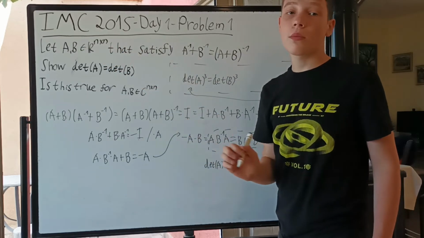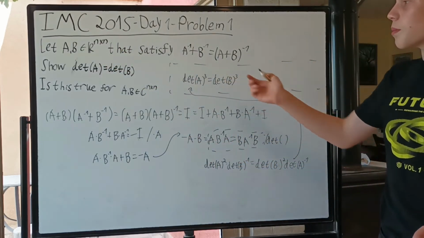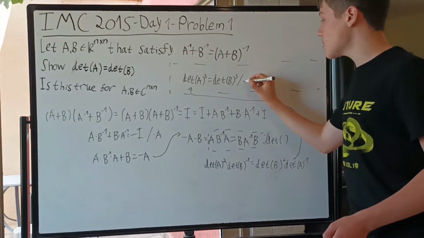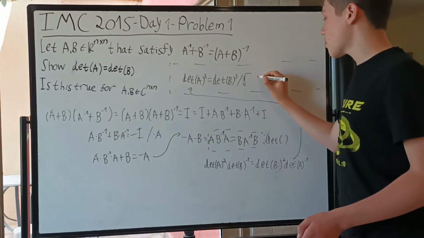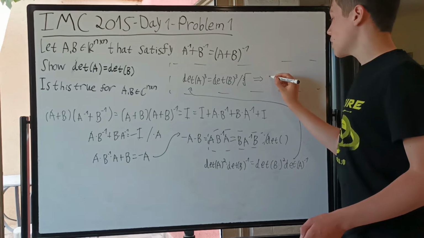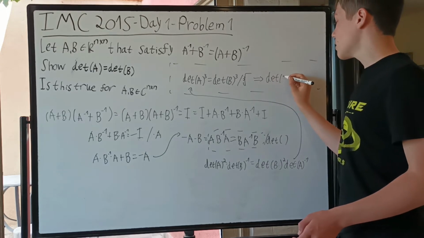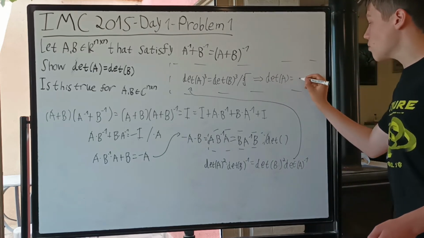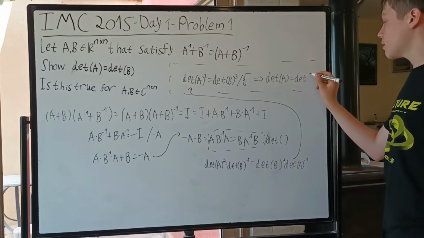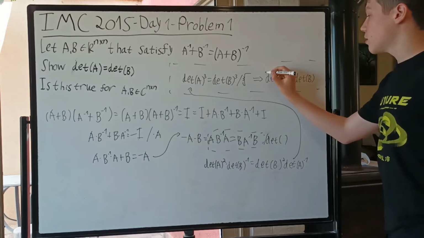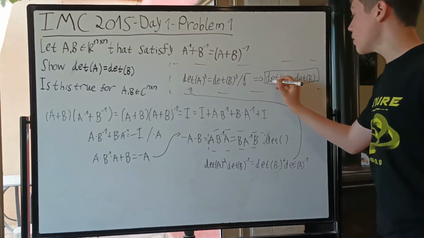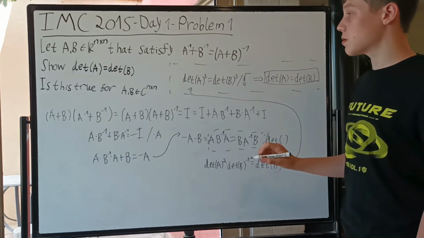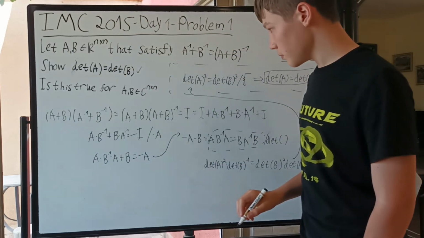And since A and B are both real matrices, their determinants are real numbers. So if I take the cube root on both sides, I'll get that the determinant of A equals the determinant of B, which is what we wanted to prove. So this is the first part done.